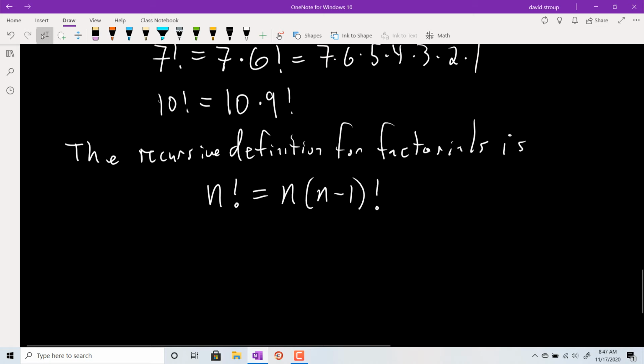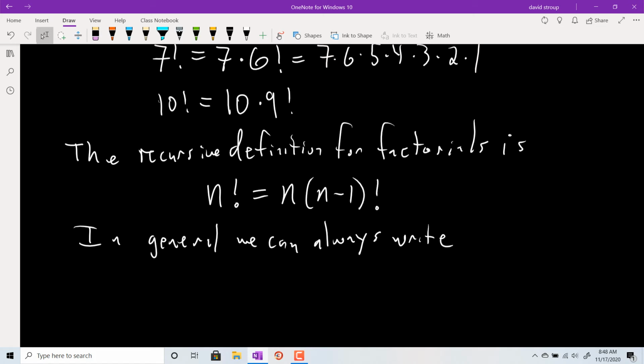If you would rather, you can always just do brute force on it and literally write out the entire product. So in general, n factorial is n times n minus 1 times n minus 2.